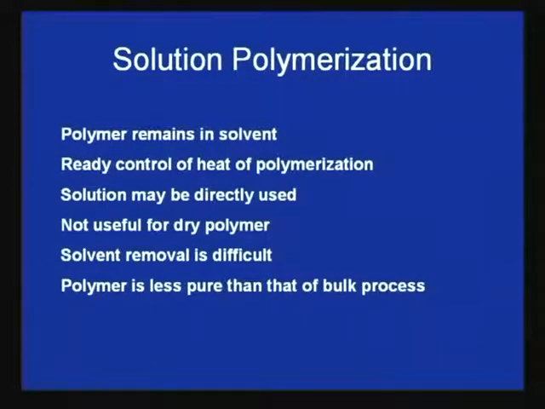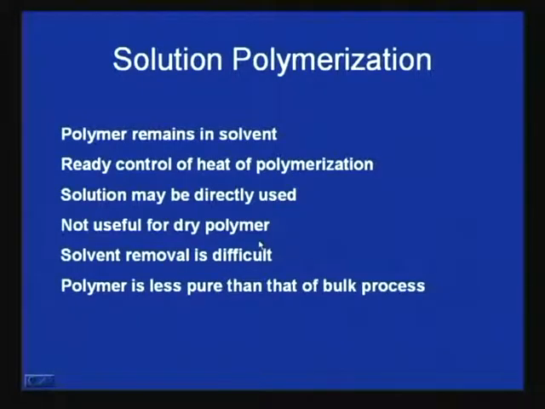So, it is written here, this technique is not useful for making dry polymer granules or fibers or flakes, though sometimes it can be used for direct fiber manufacture. In that case it is advantageous.